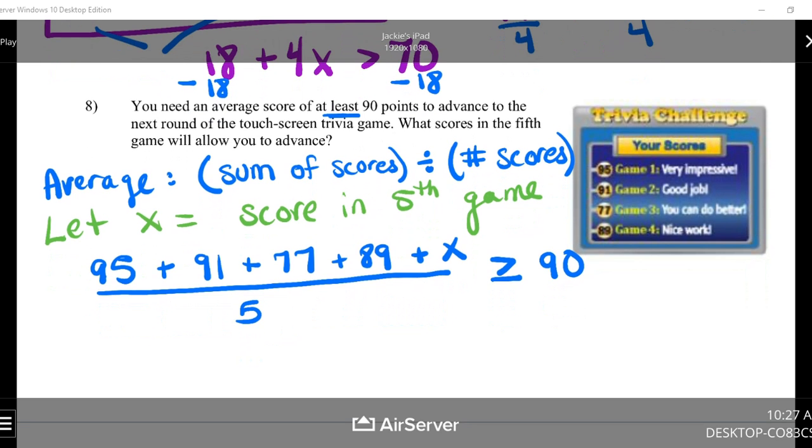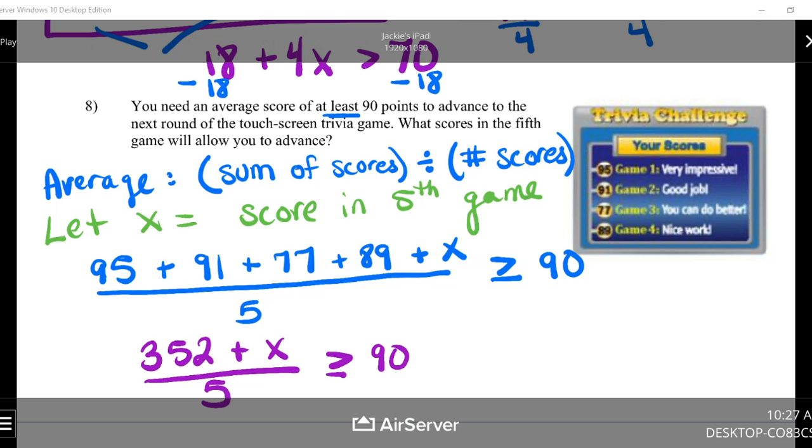Okay, so let's simplify this first. Let's add up the 4 scores we do know. So game 1 plus game 2 plus game 3 plus game 4 is 352. Okay, so we're dividing the sum of 352 plus x by 5.